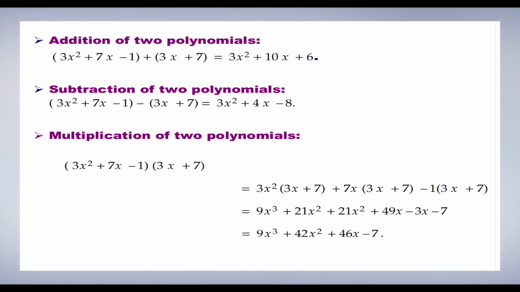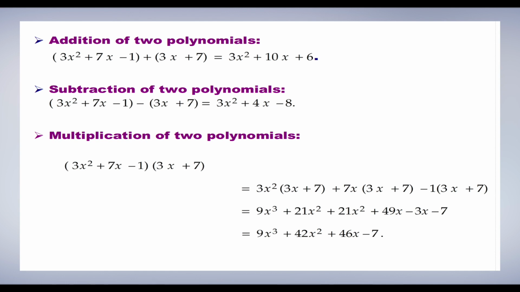So 3 minus 0 is 3, so it's 3x square. Next we see the coefficient of x. It's 7 in the first, and in the second it's 3. So 7 minus 3 is equal to 4. Here it's minus 1, and the other constant is 7. So minus 7, and minus 7 minus 1 is equal to minus 8.